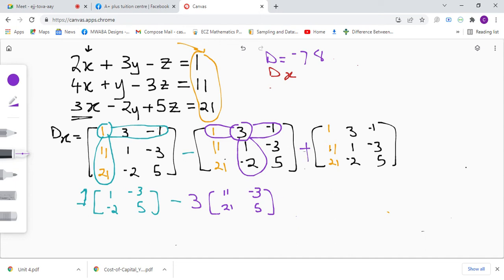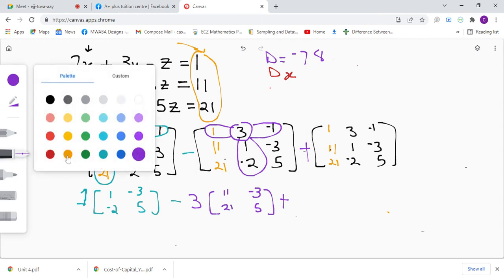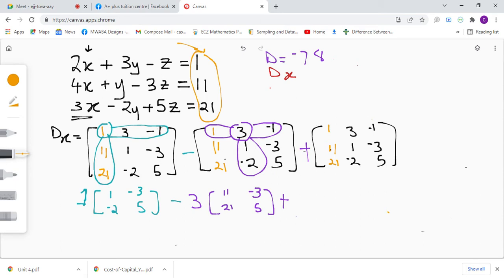Let me say plus, okay, plus, right? We'll circle this -1 here. All right, so we're going to say -1, okay, and we focus on this matrix here. We have 11, 21, 1, and -2.